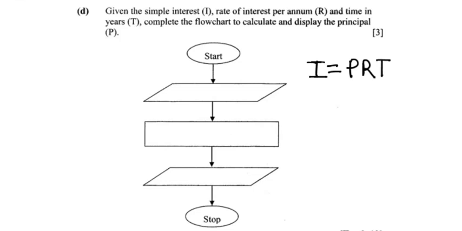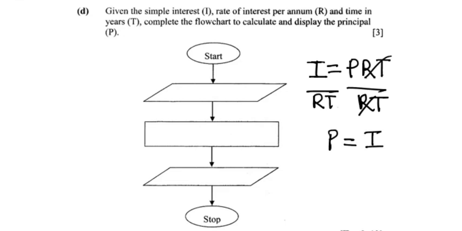Now P is on the right side of the formula and it is multiplying with R and T. So how do we make P the subject? We simply divide by R and T. Dividing by R and T on both sides gives P is equal to I over RT.